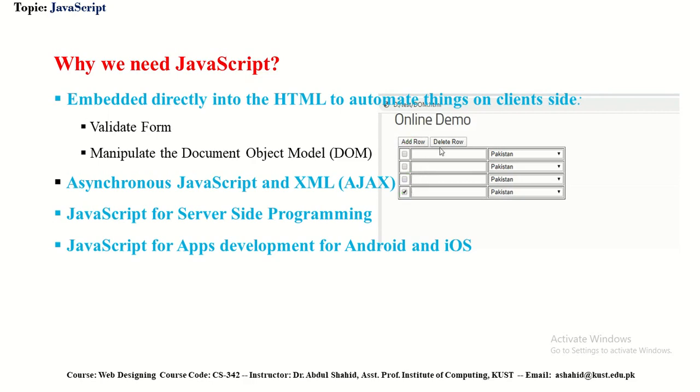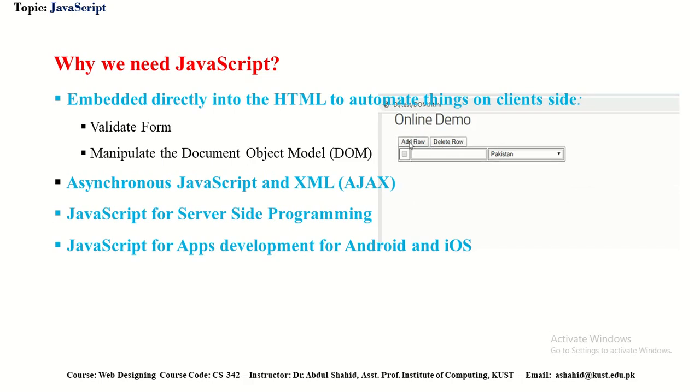As you can see that rows can be added by clicking on Add Row button, and similarly you can delete any row by clicking on the Delete Row button. Now basically you are playing with HTML inside the browser. So this can be done with the help of JavaScript.